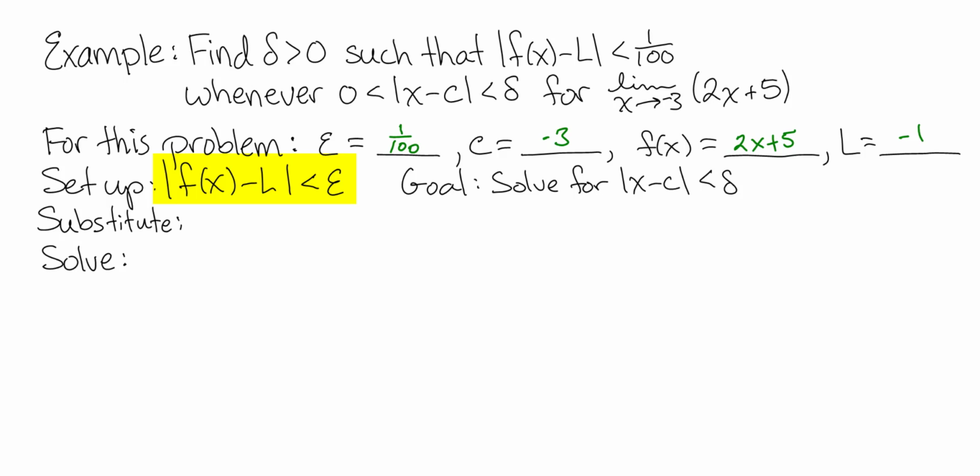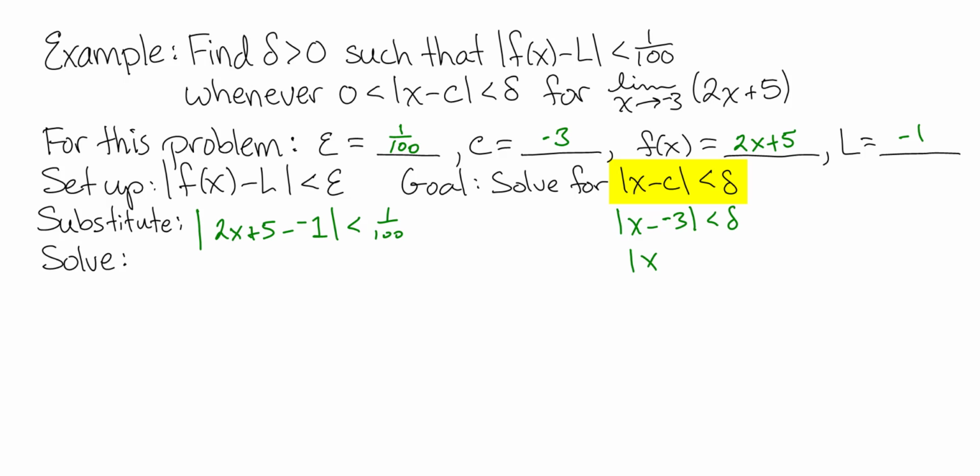We substitute in our function, 2x plus 5 minus -1, and that needs to be less than 1/100th. Our goal is to solve for what's happening in the x direction: the absolute value of x minus c is less than delta. In this case, that would be the absolute value of x minus -3 is less than delta, or x plus 3 is less than delta.